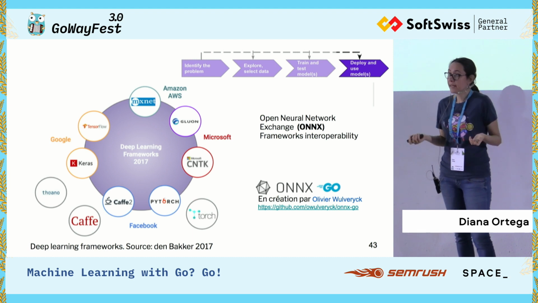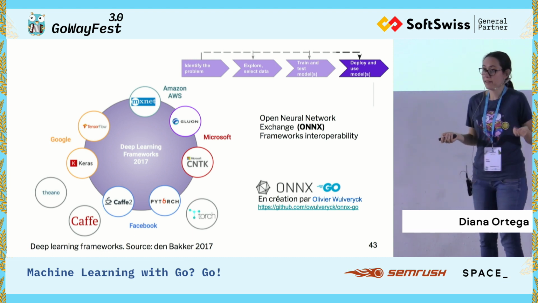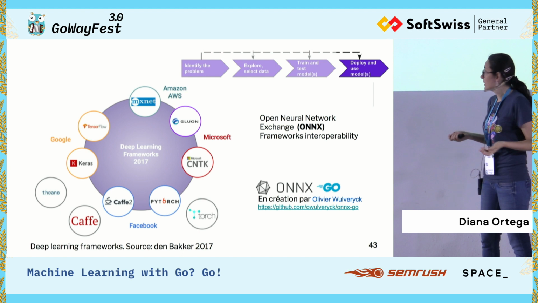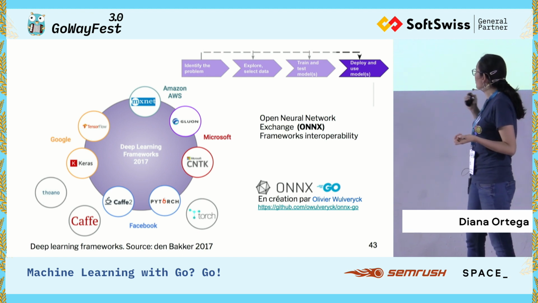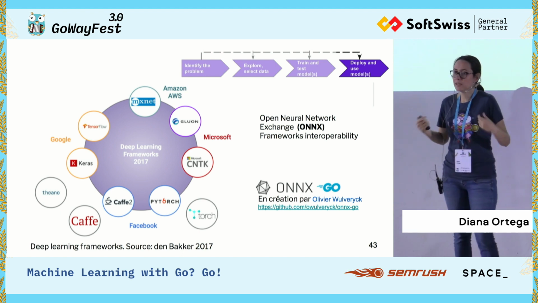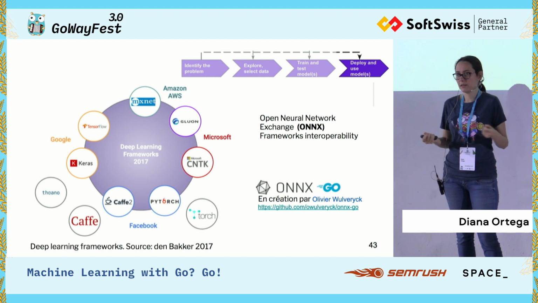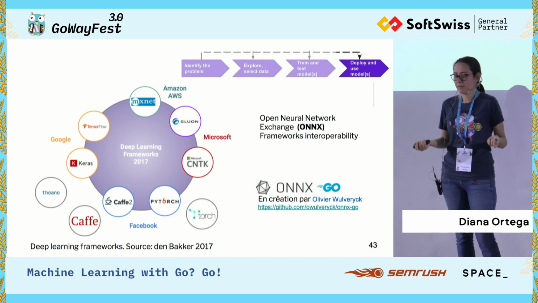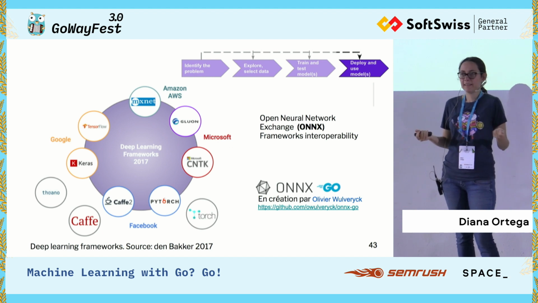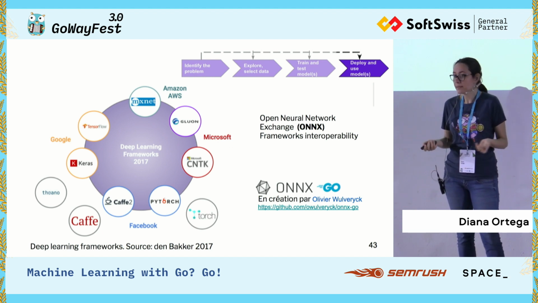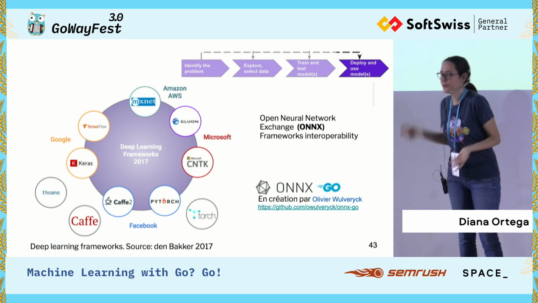And actually, there is an effort to implement this ONNX Go and include it in the Gorgonia libraries. It's a work in progress. And if you want to collaborate, it's a good opportunity.